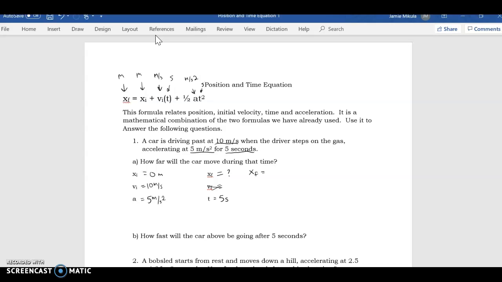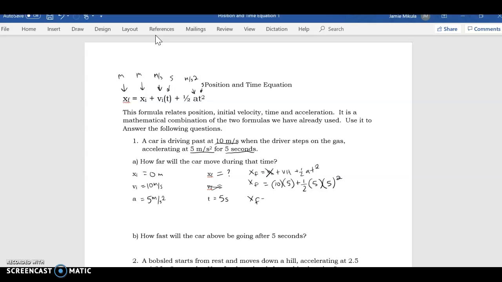xf equals xi plus vit plus 1/2 at squared. xf we don't know. This whole section right here is 0, so I'm not even going to put that. Equals vi is 10, time is 5, plus 1/2 5 meters per second squared for 5 seconds, and then in the formula we square it.